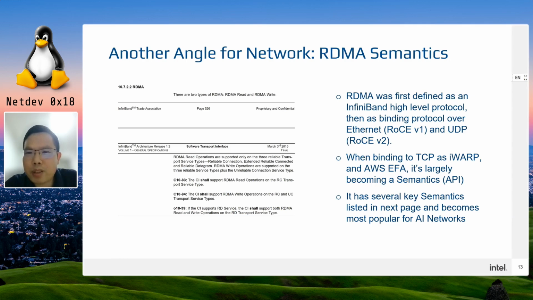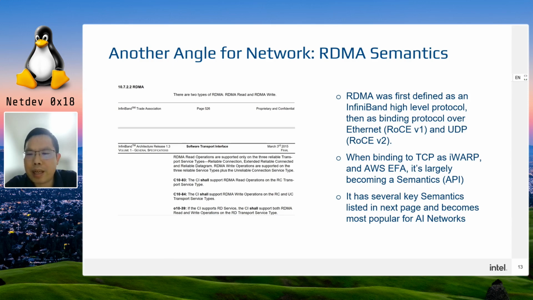But coming back to RDMA itself, it also binds to Ethernet for RoCE v1 and RoCE v2, and also uses TCP as the underlying protocol. Also, AWS EFA also supports RDMA.